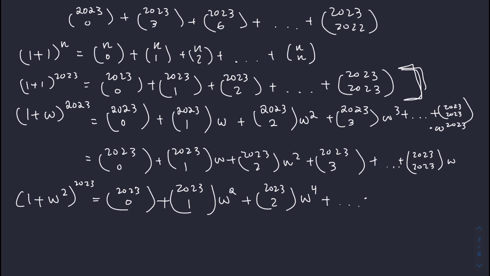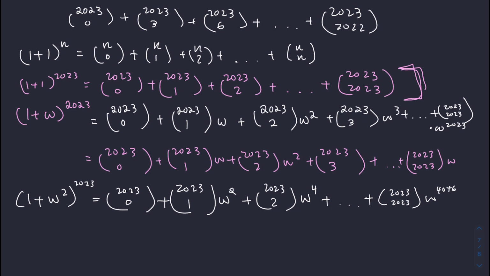And we're going to end up with 2023 choose 2023 times omega to the 4046. So I've actually changed the color to make this easier to look at. The pink colored terms are what we are keeping for now because we're going to use them later.